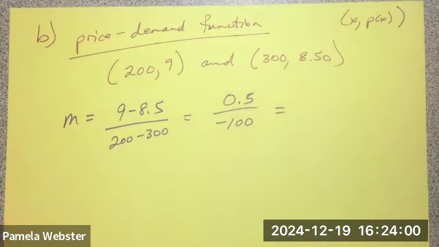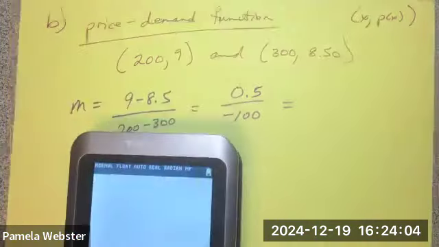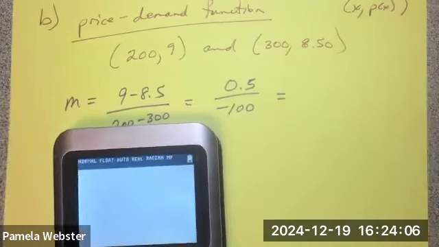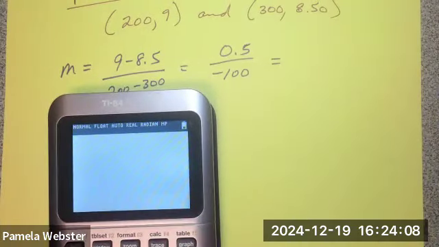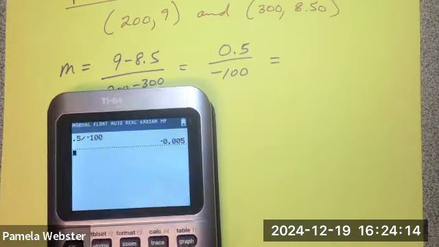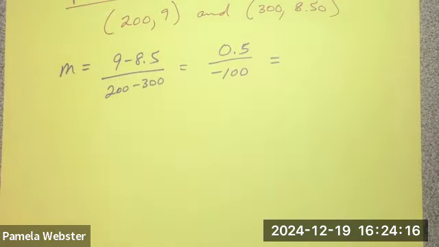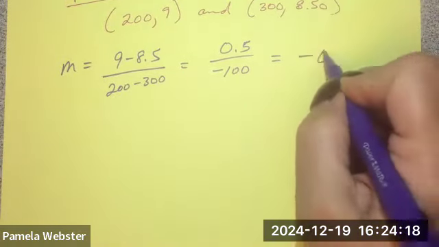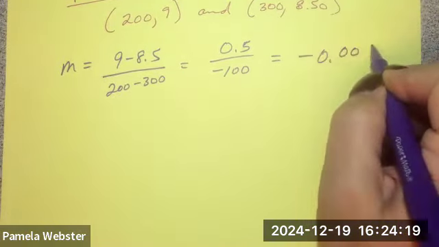So using a negative 100, all of a sudden my slope's going to be negative. So this guy's a decreasing slope. So 0.5 divided by negative 100 gives me 0.005, and it's negative. So there's my slope for that.